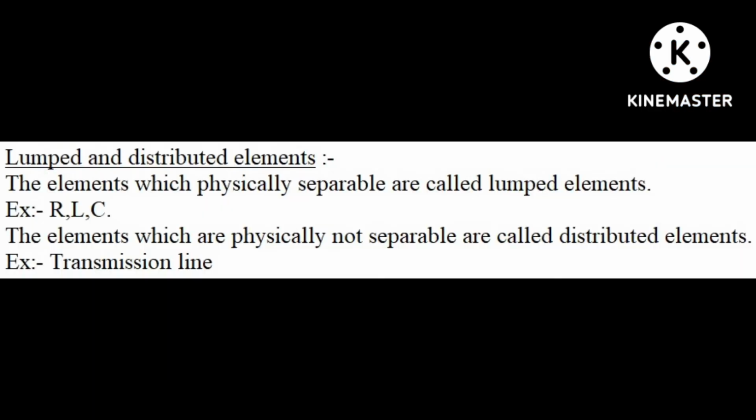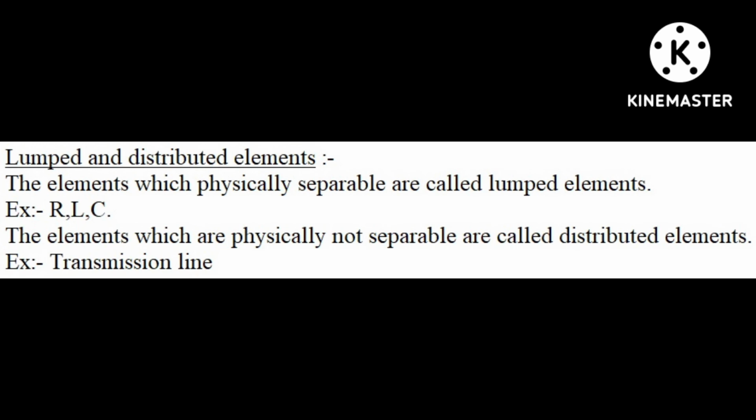Next type of elements are lumped and distributed elements. The elements which are physically separable are called lumped elements. Remember this. Examples are resistor, inductor, capacitor. Next, the elements which are physically not separable are called distributed elements.